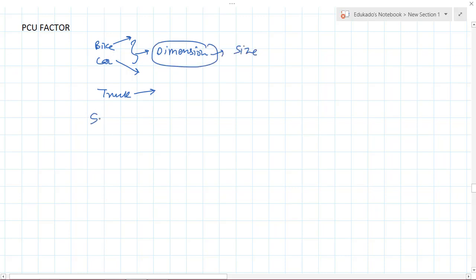So there is a factor of size involved when we are designing or looking at the highways. The bike is covering less area or region in the highway. So it is creating less congestion, or the cause of the traffic jam, is more due to the trucks and cars rather than just bikes. It's a known fact. Now for example, what if I call in the middle of the highway, bullock carts?